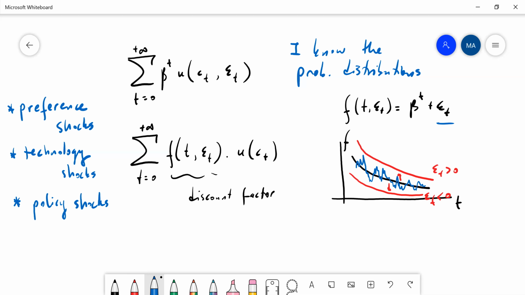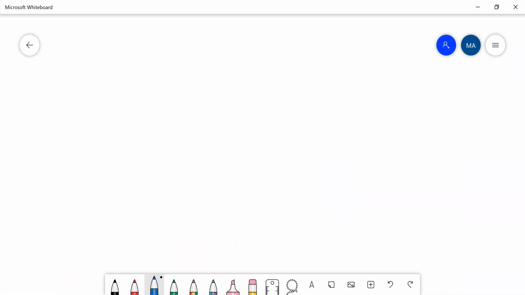Now, the general way of understanding such models is once again to develop a system of equations. Okay, only this time this system will be a little bit different. It will be like this. So there will be an expectation, and there will be a function of dynamic equations. I'm just going to explain what all this is.